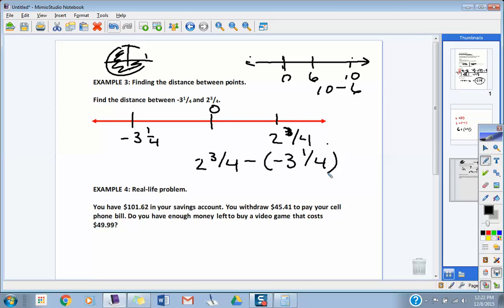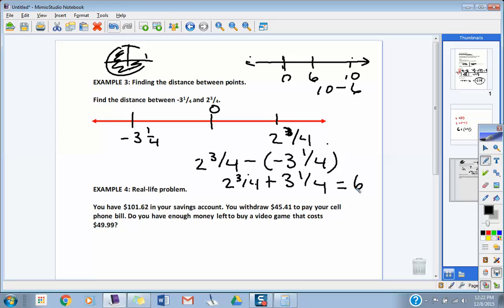And this is where your rules are going to start to apply again. Guys, this subtraction sign right here, you need to do what? Add the opposite. So this is like 2 and 3/4 plus 3 and 1/4. Now guys, I'm cheating this again. What's 3/4 plus 1/4 again? 1. 1 plus the 2 is? 3. 3 plus 3 more would be? 6.